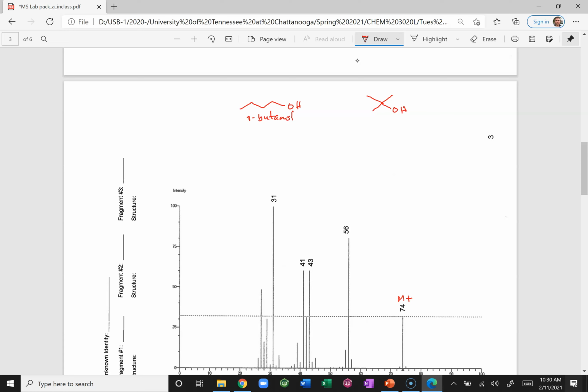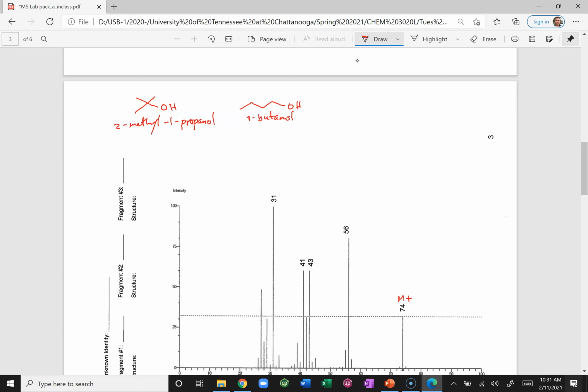Those are my 2 options. I'm going to write that option here. This is called 2-methyl-1-propanol. All right. So those are my 2 options.